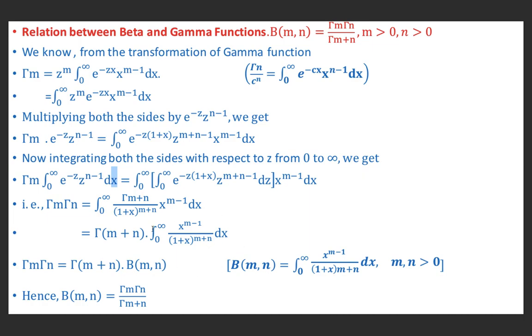And this term is nothing but the beta function. This we have proved in the previous lecture. So gamma m gamma n is equal to gamma m plus n beta m n. Hence beta m n is equal to gamma m gamma n upon gamma m plus n.